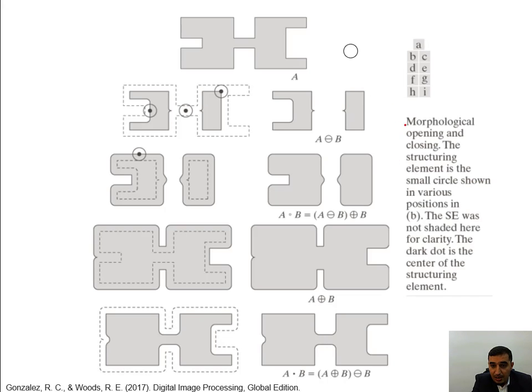So this is figure A, the morphological operation of opening and closing. The structural element is a small circle, which is shown in the figure. Here we can see the figure and the object. This is the origin using the disk.